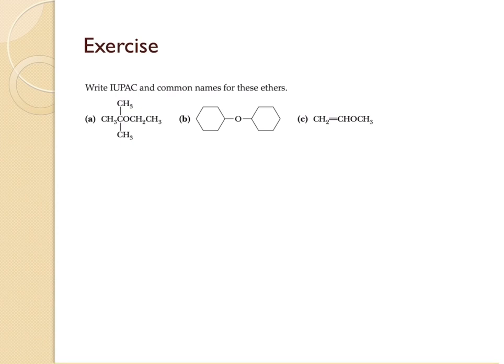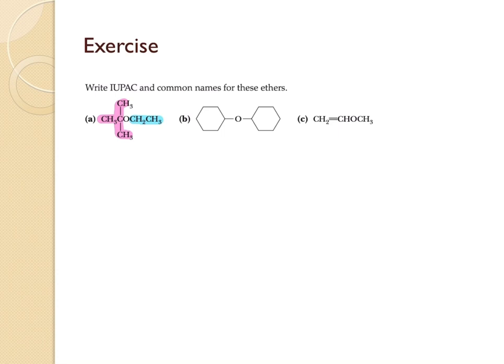Here is the first example. To begin with, for the common name, we are going to find the alkyl groups and list them in alphabetical order, adding a suffix of ether, right? So for this compound right here, we have an ethyl substituent and we have a tertiary butyl substituent. And between these two, which one is going to come first?